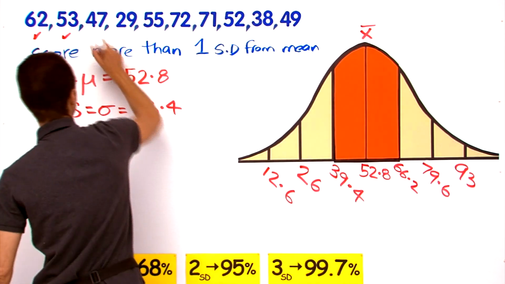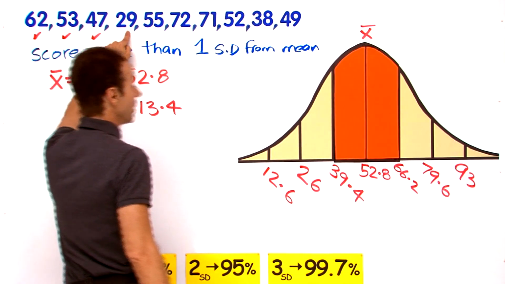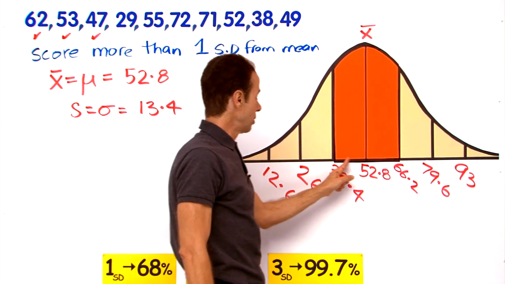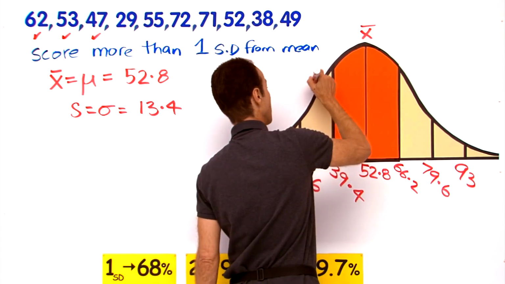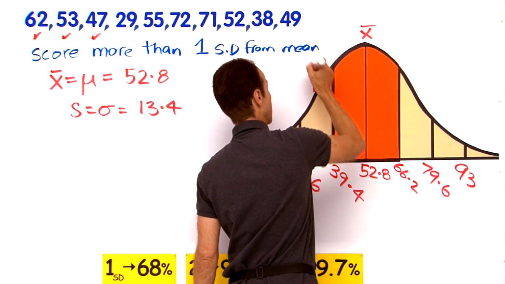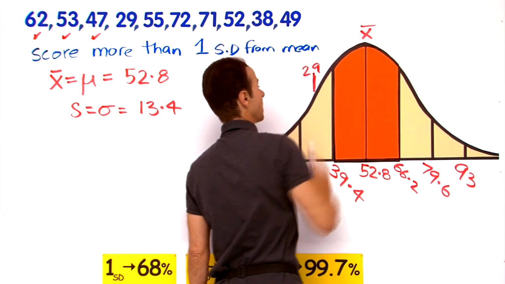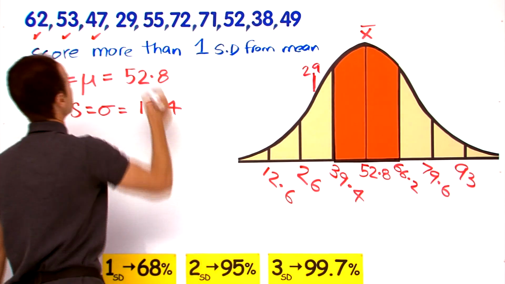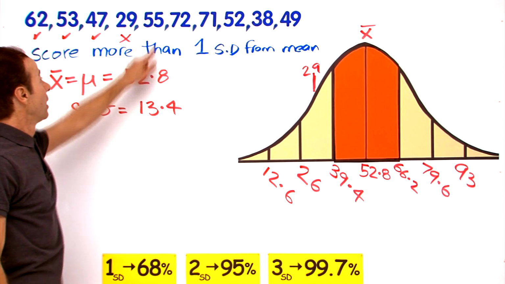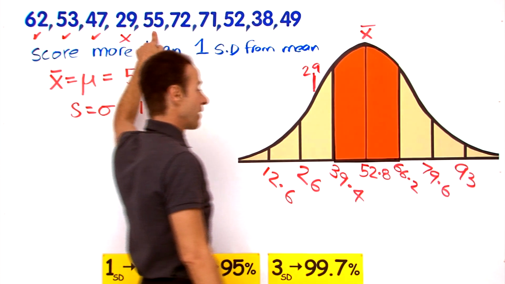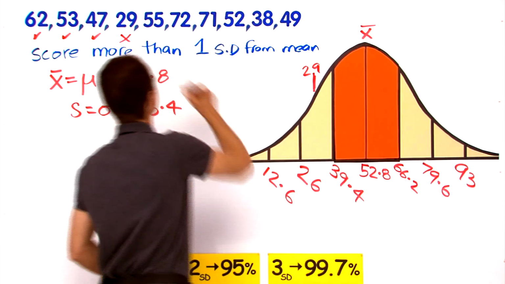So that stays. That's within one standard deviation. 29, where's 29? Whoa, 29 is right here. So 29 is approximately here. So that's going to get rejected. Okay, so that's more than one standard deviation from the mean. 55, let's see where 55 is. 55 is there, that stays.